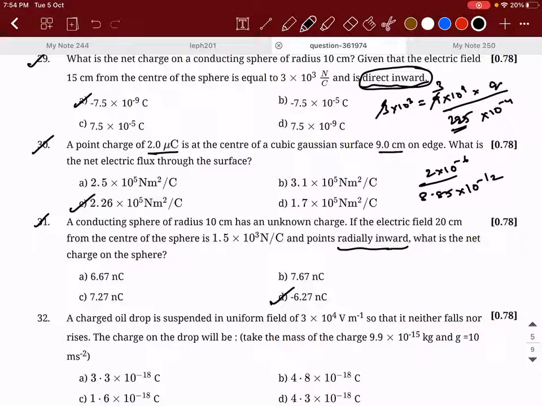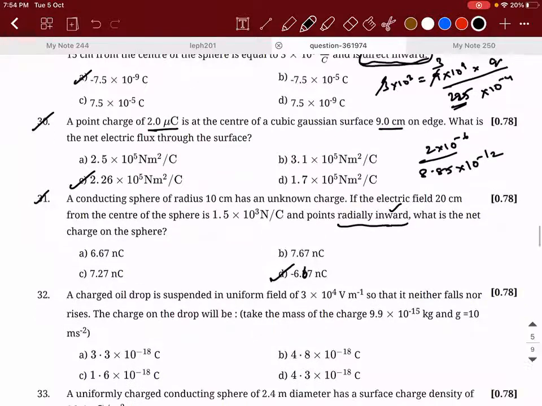Logically, I think this should have been minus 6.67. Anyway, since there is a negative sign, option D should be the right answer because the field is radially inward. Yeah, that should be the right answer.